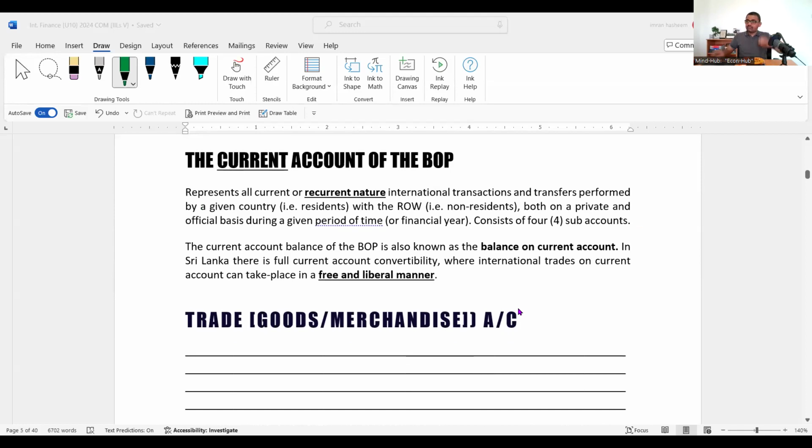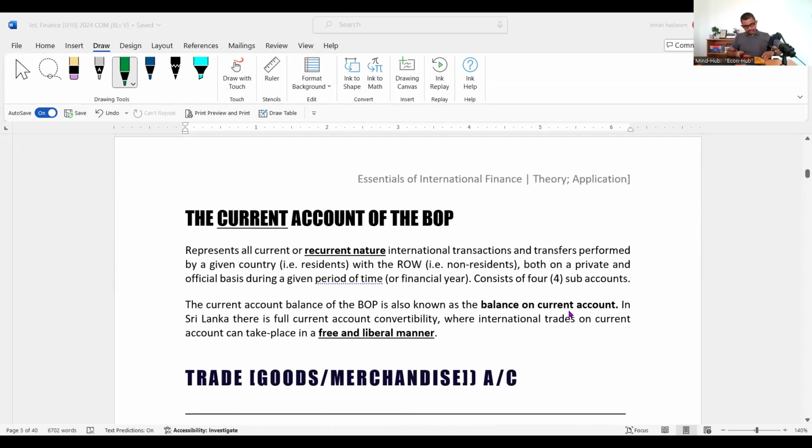Okay. So we start with, on page number 5, the current account of the BOP statement. Right. So here we go. In the current account of the BOP statement, we mainly include activities of a recurrent nature, reoccurring during the given financial year. They keep taking place.